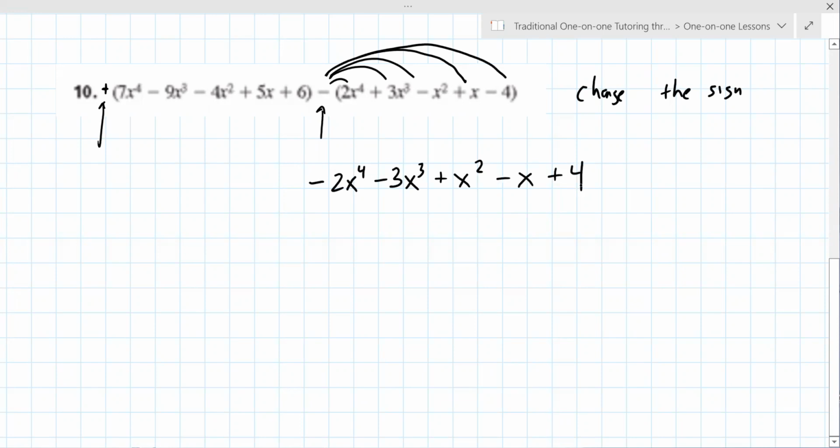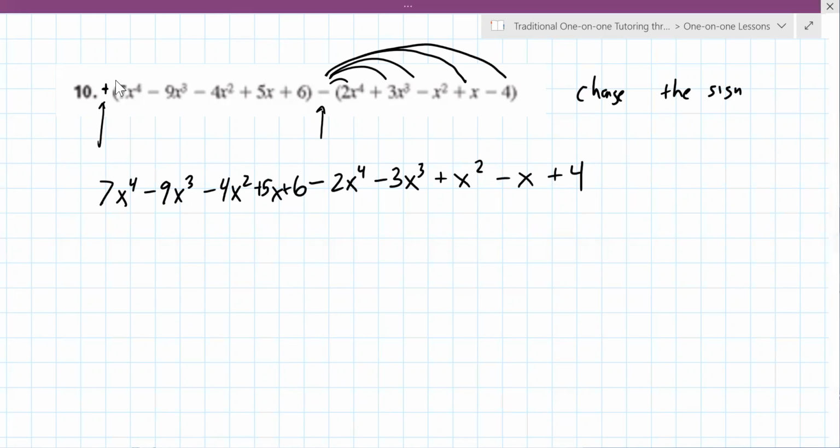Super important that you distribute to everything. You don't miss anything because it affects your answer. And then you bring the previous one down. I didn't write that very well, but now you just combine like terms like we've been doing.